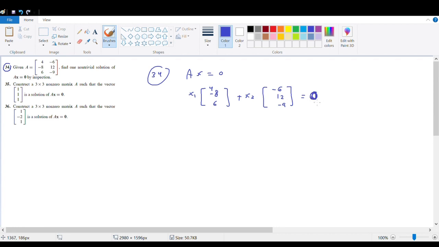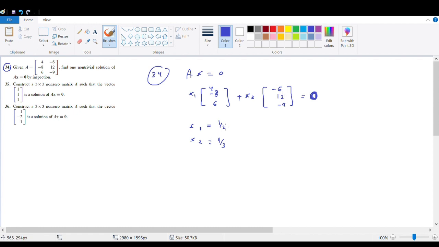So for example, if we take x1 equal to half, then this will give us half times 4, which is 2. We need to add it to something, x2 multiplied by minus 6, to give us 0. For example, x2 will be 1 over 3. So half of 4 will be 2, plus a third of minus 6 will be minus 2.